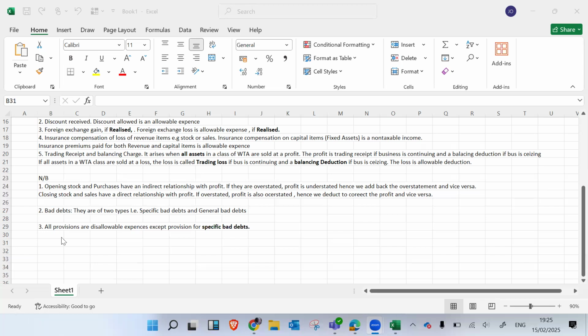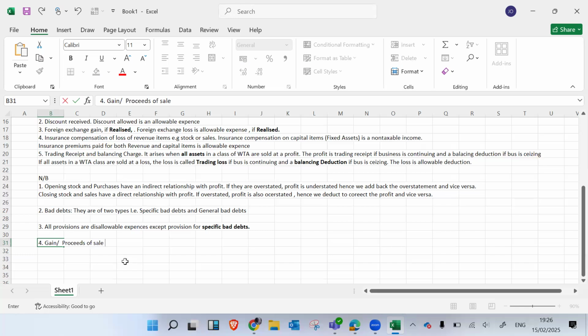Great. So point note number 4. Gain or proceeds on sale of fixed assets is a non-taxable income.